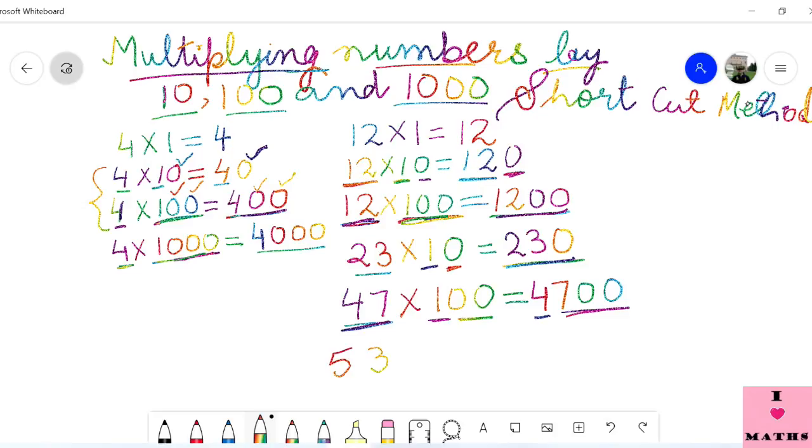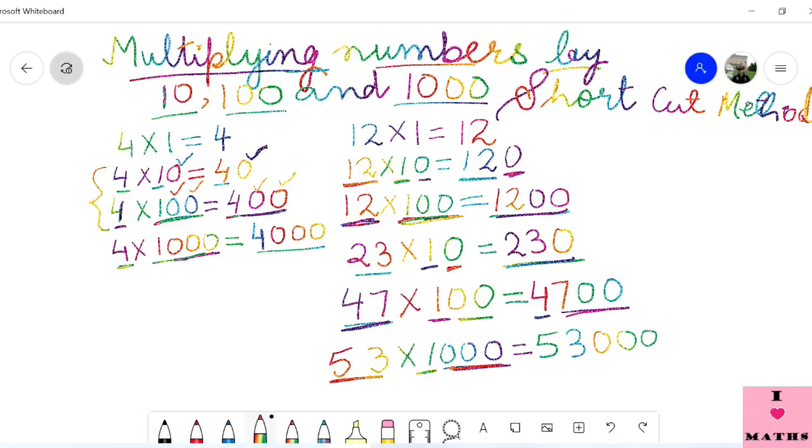53 into 1000. Now 53 ones is 53 and 3 zeros will come at the back.